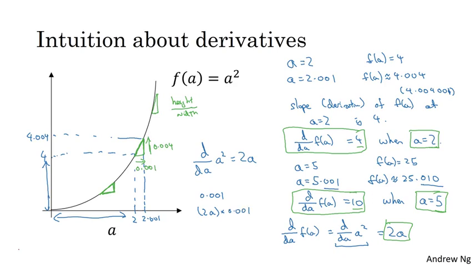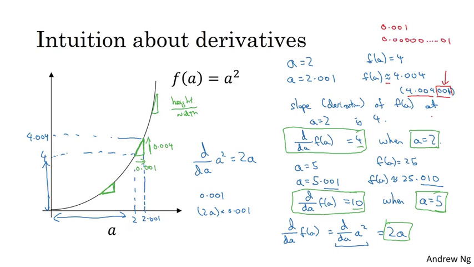Now, one tiny little detail, I had used these approximate symbols here, and this wasn't exactly 4.004. There's an extra 0.001 hanging out there. It turns out that this extra 0.001 is because we were nudging a to the right by 0.001. If we're instead nudging it to the right by an infinitesimally small value, then this extra error term will go away.